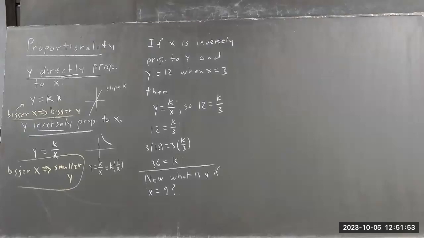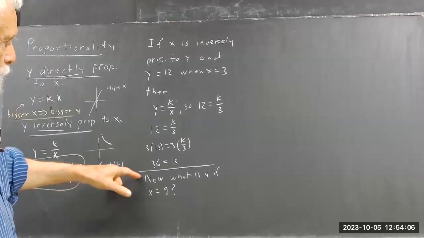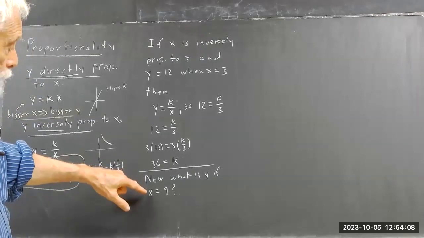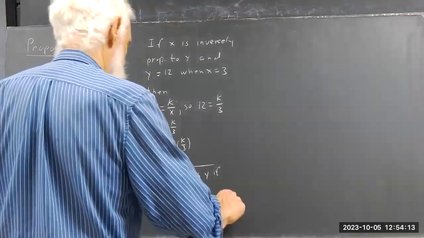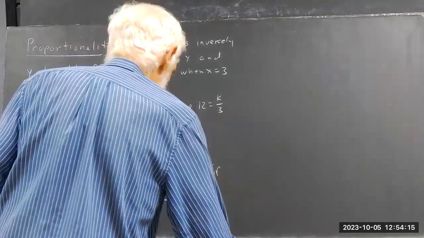What would Y be if X equals 9 instead of 3? Okay, y'all did pretty well with this. Okay, there's a process you want to follow. You don't want to just directly start answering this. First, you do this. This is an important step.